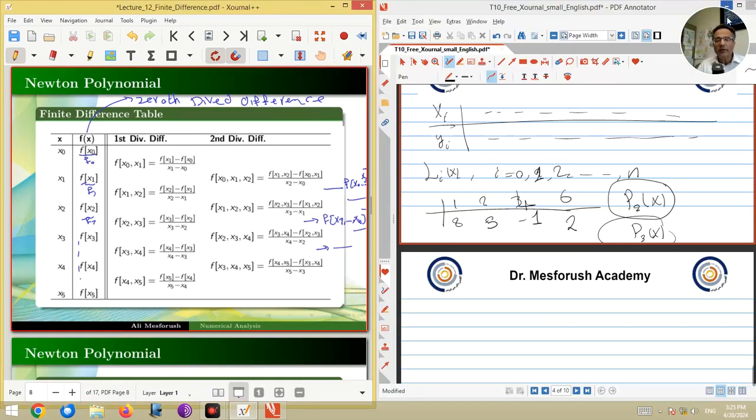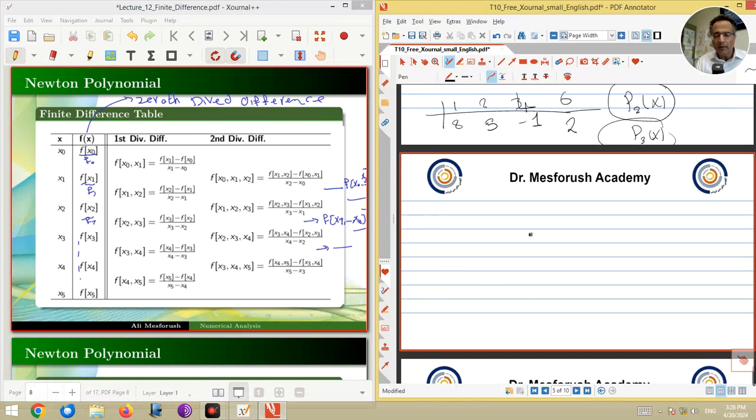Let me show you the divided difference, for example, for 4 points here. Consider we have xi and f of xi: 1, 2, 3 for x, and 4, 8, 5, minus 1 for the values.